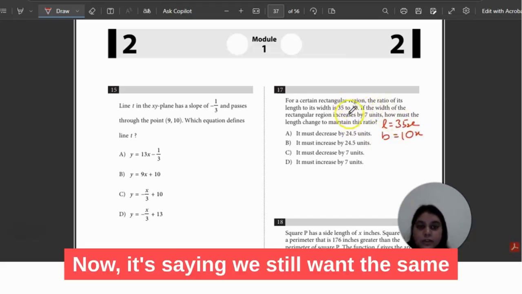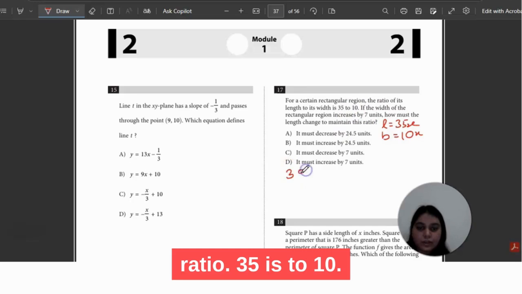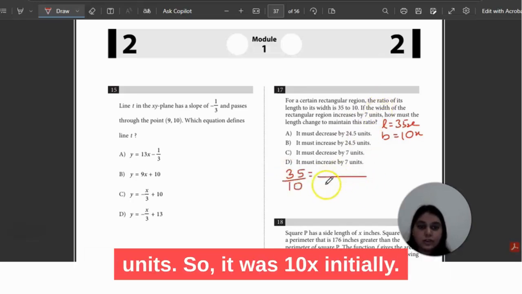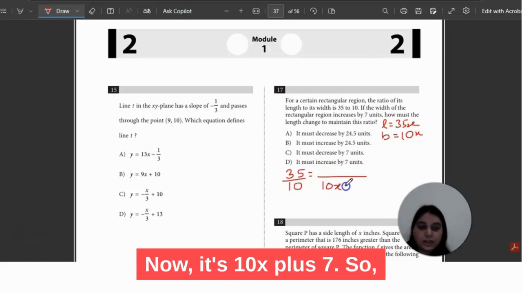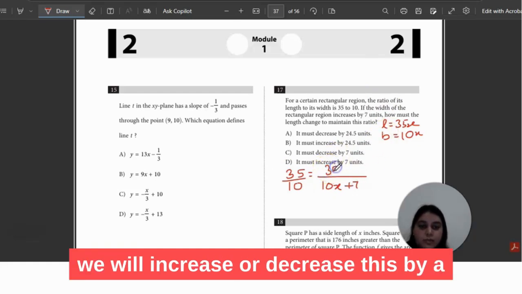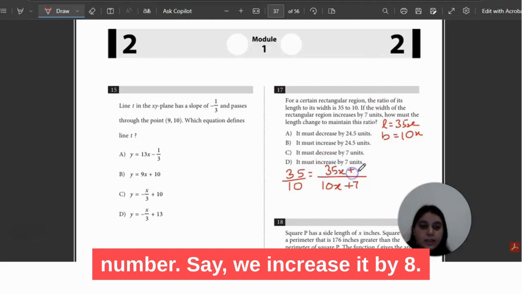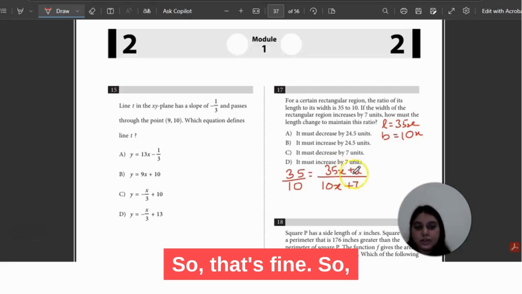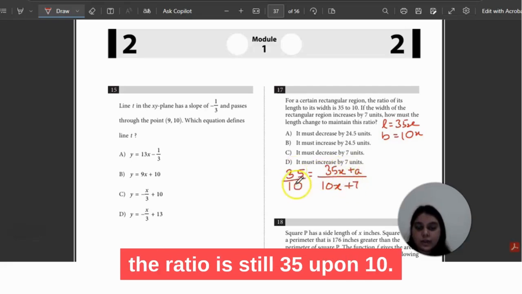Now it's saying we still want the same ratio, 35 is to 10. But we are increasing the breadth by 7 units. So it was 10x initially, now it's 10x plus 7. So we'll increase or decrease the length by a number. Say we increase it by a. If it would be decreased, this will come in negative.